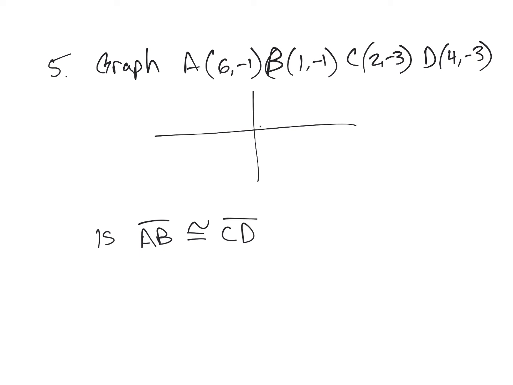All right. 1, 2, 3, 4, 5, 6, -1. And B is at (1, -1). So that's 1, 2, 3, 4, 5 units. C is at (2, -3). And D is at (4, -3).